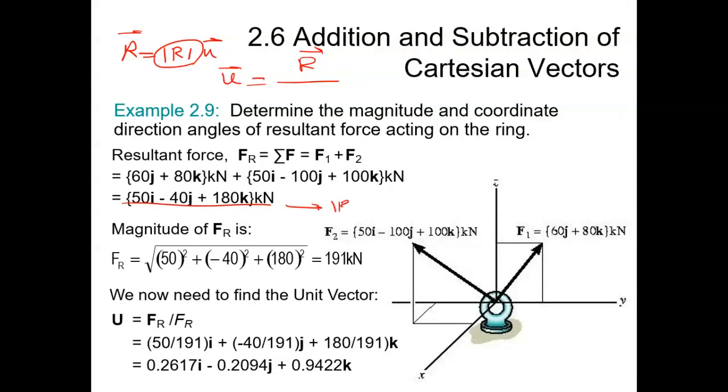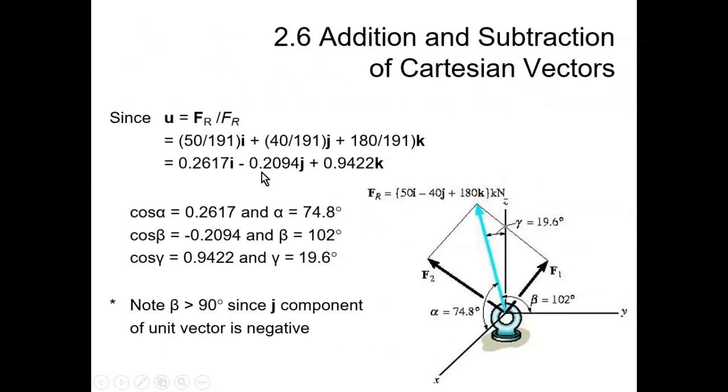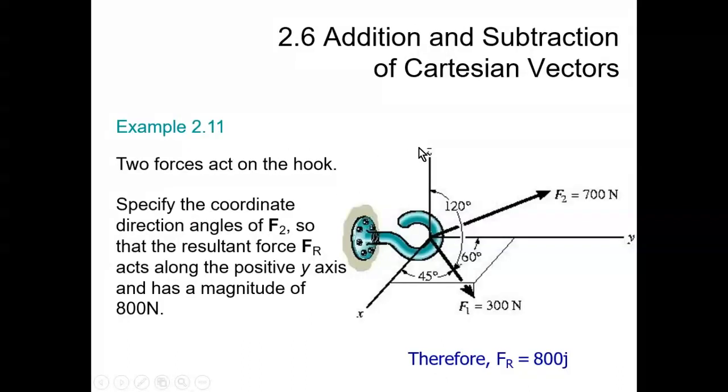The magnitude of that one is root of 50 squared plus 40 squared plus 180 squared. Okay, so now I have the unit vector, and from the unit vector I can work out alpha, beta, gamma, and also I find the magnitude. So let's do one example here.